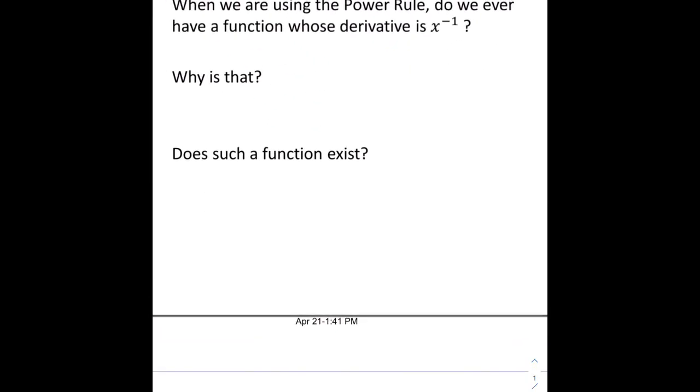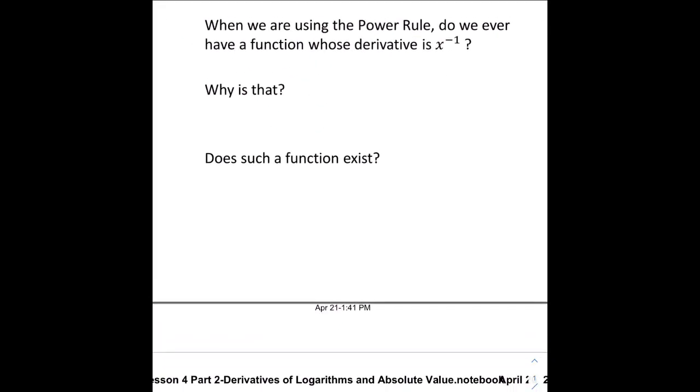When we are using the power rule, do we ever have a function whose derivative is x to the negative 1? For instance, if I asked you what is the derivative of x squared, you would tell me that by the power rule it is 2x to the first. If I give you the derivative of x, it's technically 1x to the 0, but x to the 0 is 1, so it's just 1.